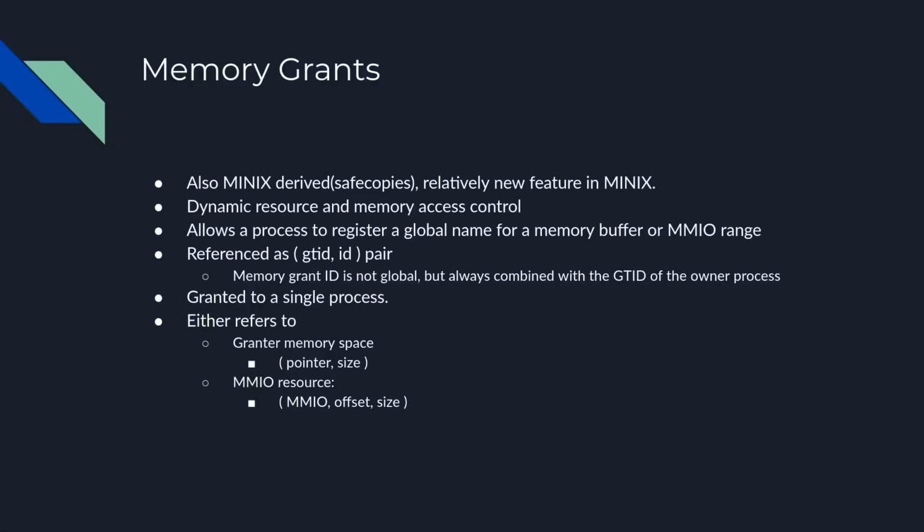So to uniquely identify one, you need to say process ID plus that number. And they're only granted to a single process. So when a process creates one of these, it can't even access it itself unless it creates a grant for itself, which it's not really that useful usually. And these grants are used to prevent having to copy over all the data inside the IPC message used to implement a system call.